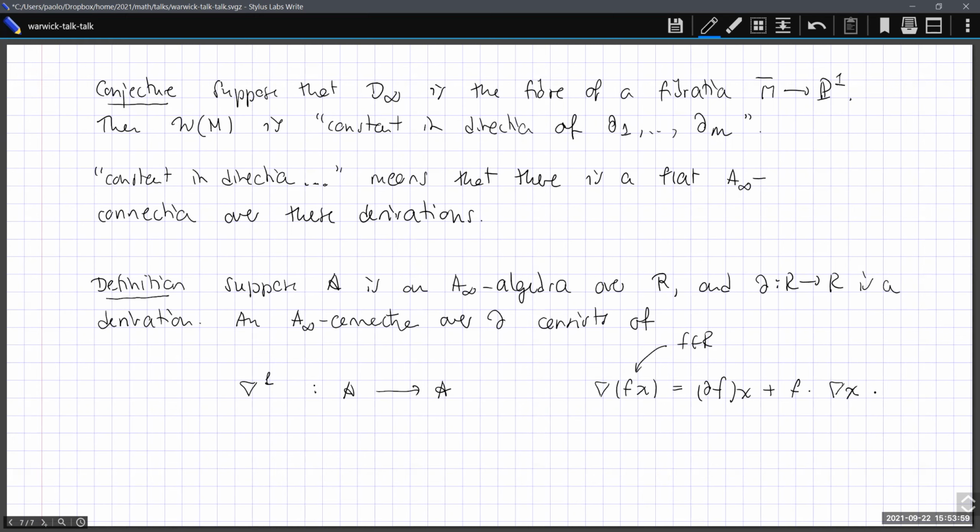They don't typically exist. So what actually happens is that this comes with something of degree 1 and 2, a bilinear map of degree -1. All the terms except this one here are linear, and satisfying a super equation that I will not write down.